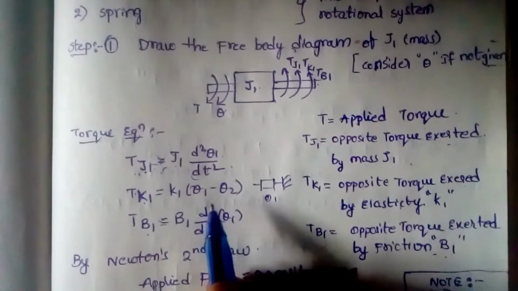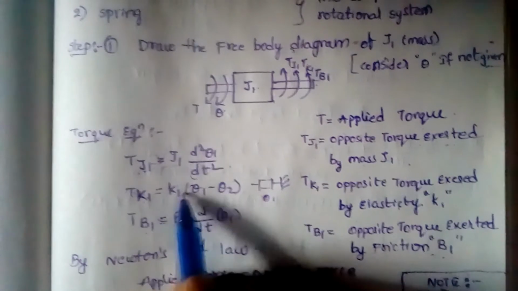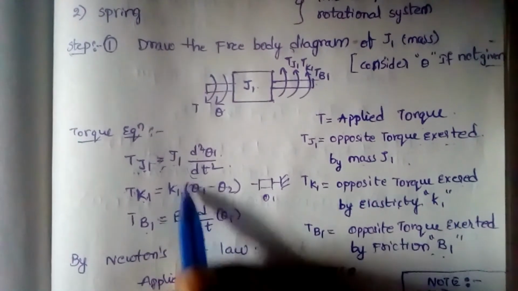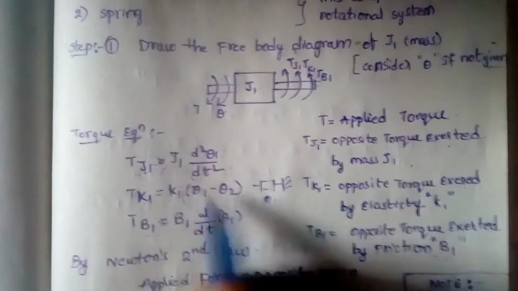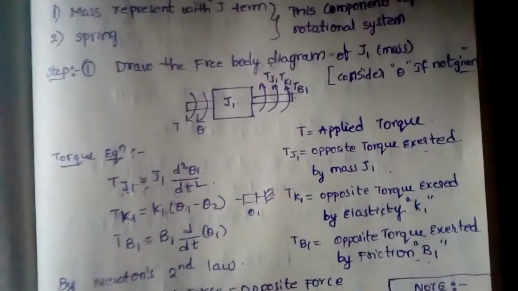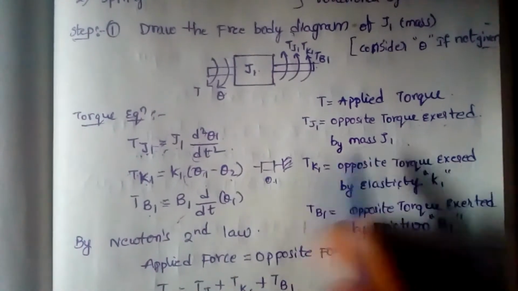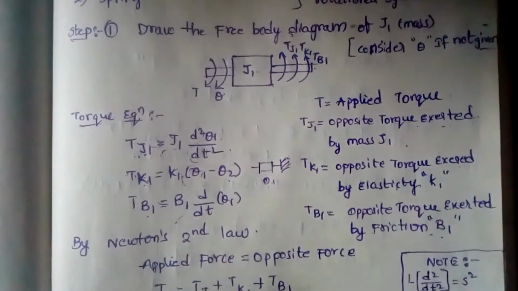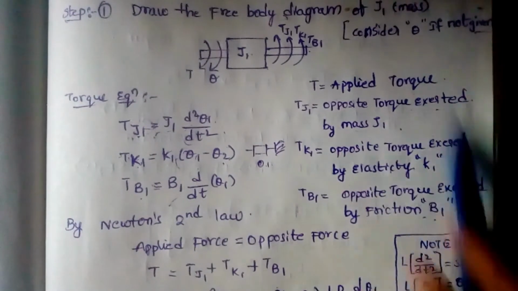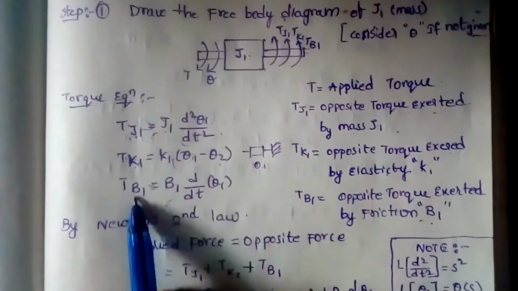This is the way you are going to remember it. For Tk1, spring K1, there is no differentiation, only theta 1 if it is tied to a reference. If both ends are tied with the spring, then theta 1 minus theta 2. Here the dominating one is 1, so theta 1 minus theta 2. If you go to the other block side, it is theta 2 minus theta 1. Then we know all the applied torque and opposition torques: Tj1, Tb1, Tk1.